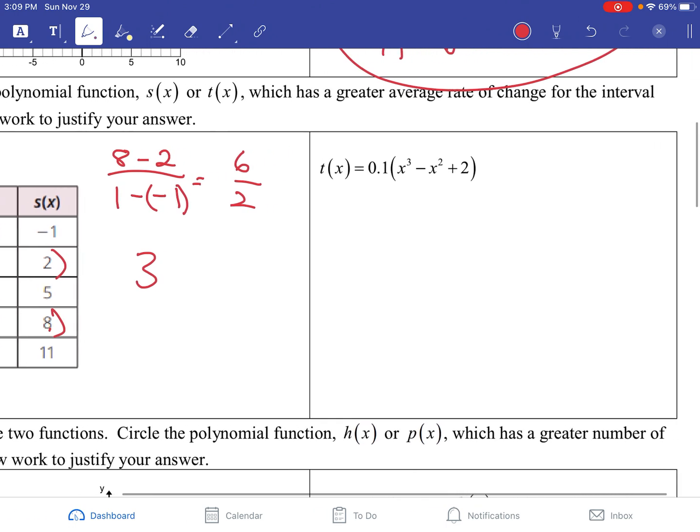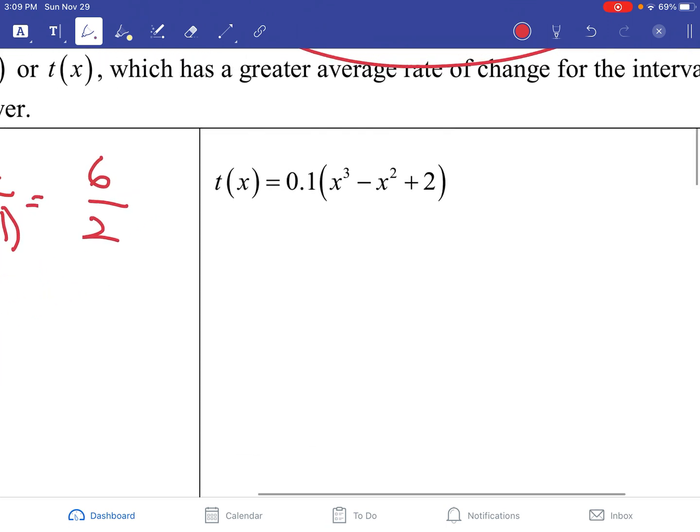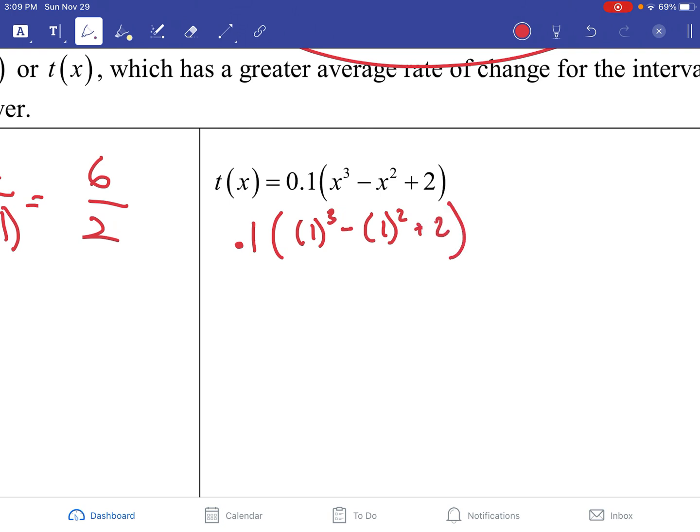For the function, we don't have the points yet, but we can find them out by putting 1 and -1 into the x values of our function to find the y's. So let's show you how this is done. So we have 0.1 times 1 cubed minus 1 squared plus 2.